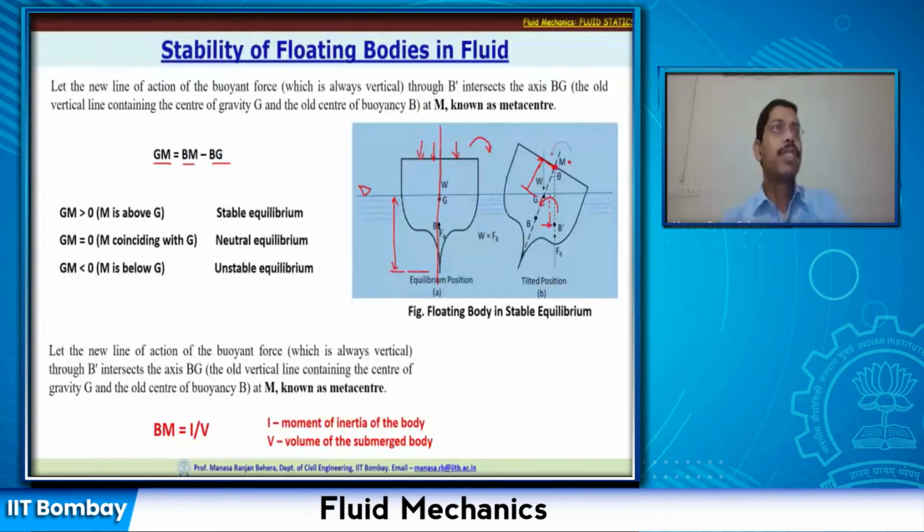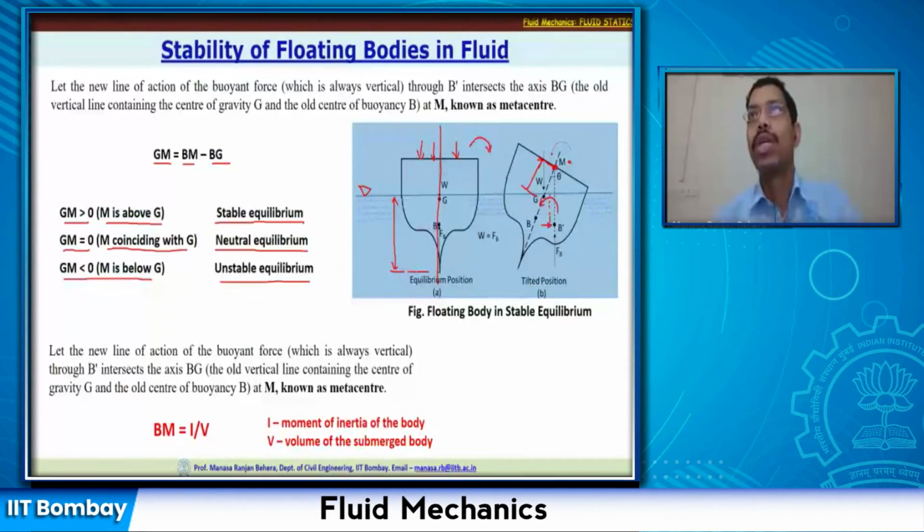If GM is greater than 0, that is positive, or M is above G, then the condition is going to be stable equilibrium in case of floating bodies. And if GM is equal to 0, that is M coinciding with G, then the condition is going to be neutral equilibrium. And if GM is negative, then it is going to lead to unstable equilibrium.